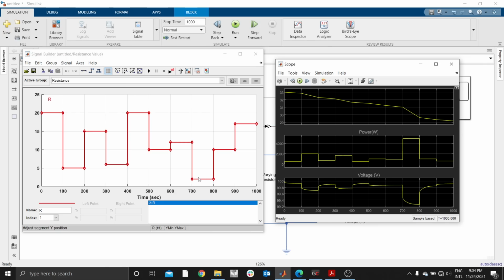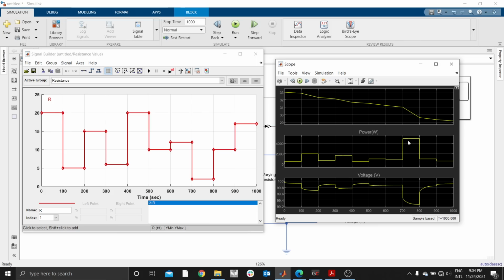At this point, the resistance is the smallest. Therefore, power increases. Remember, the power reduces due to the resistance of a material. Therefore, the smaller the resistance, the higher the power.